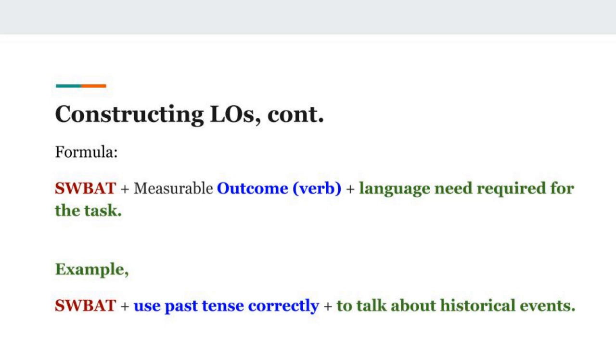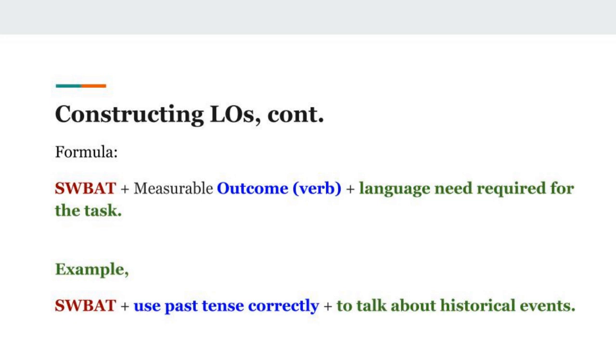All right, here's the formula for constructing language objectives. As you can see, it is very similar to that of constructing content objectives. It starts with SWBAT, or students will be able to, and you still have a measurable outcome verb or an action verb.